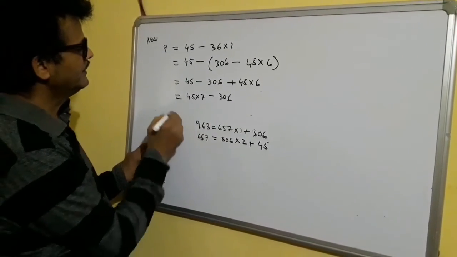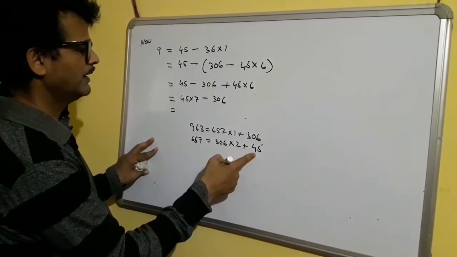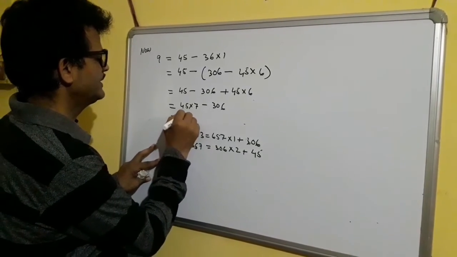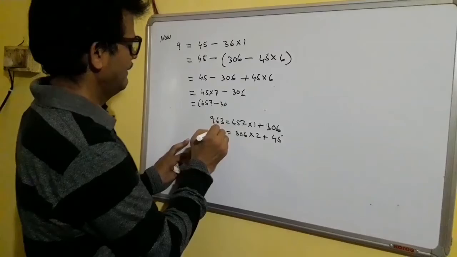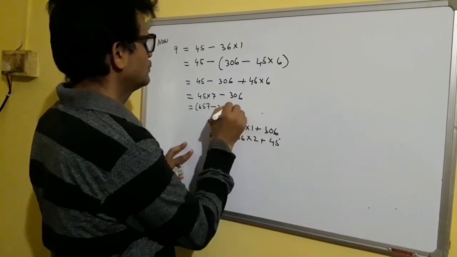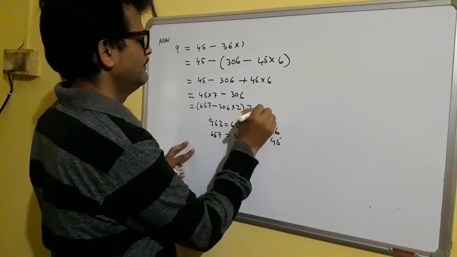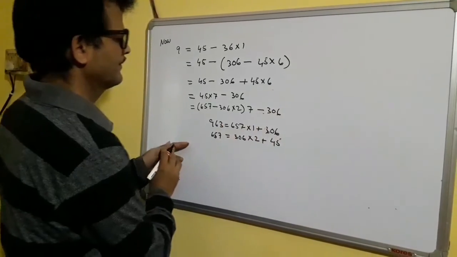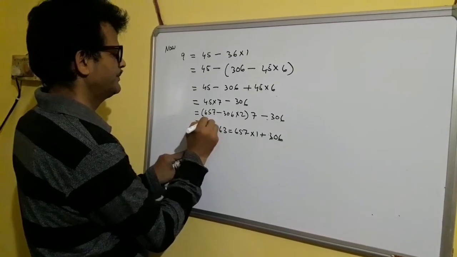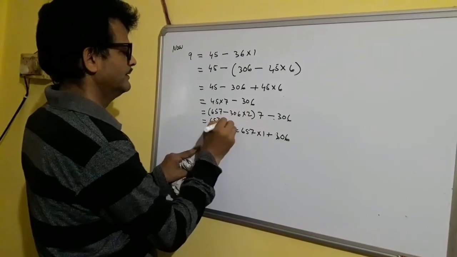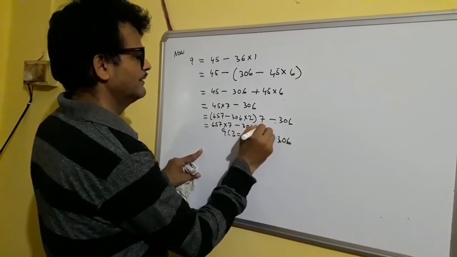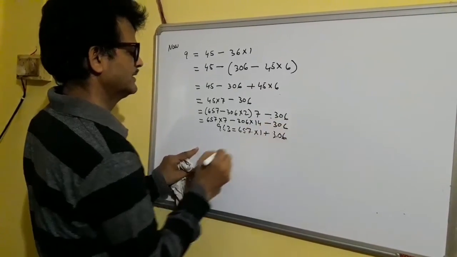Now in place of 45 here we can write 657 minus 306 into 2, whole into 7 minus 306. Now next step, 657 into 7 minus 306 into 14 minus 306.